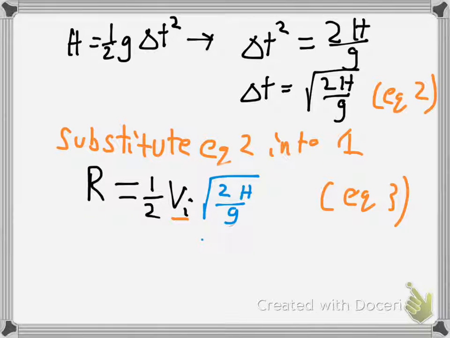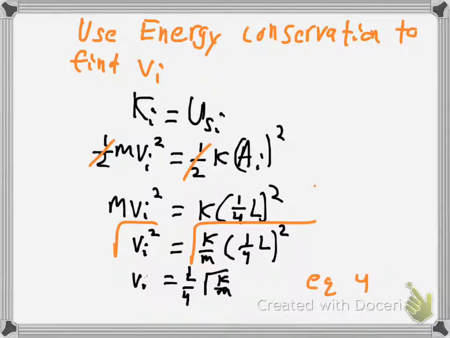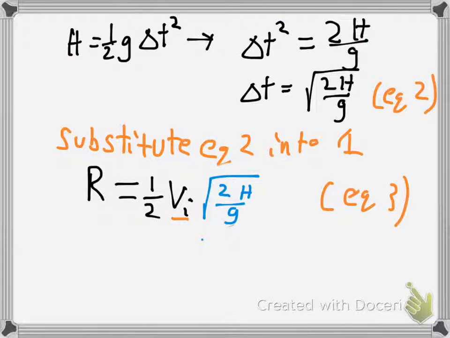And so the next thing that we have to get rid of is the initial velocity. So where are we going to get that from? Well, this is going to be easiest through energy. The reason why I say energy is because we have time in terms of h and g, but we still have to use k, L, and m.